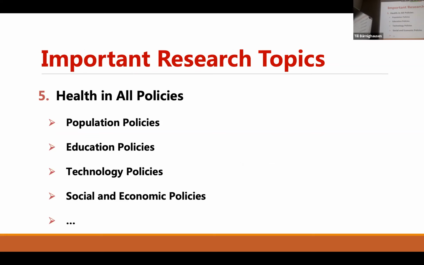Whether you set the retirement age as 60 or 70, all affect health. And whether it's a mandatory or voluntary retirement age policy, it can also affect health. Education policies can affect health. Technology policies can affect health. Social and economic policies can also affect health, and so on.